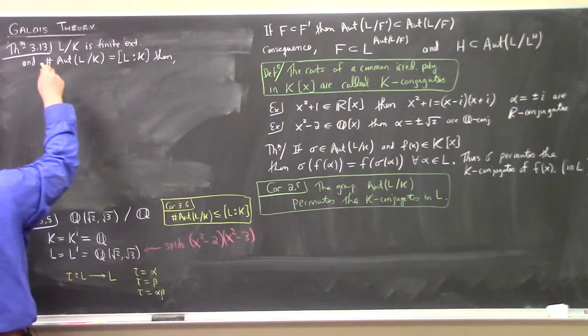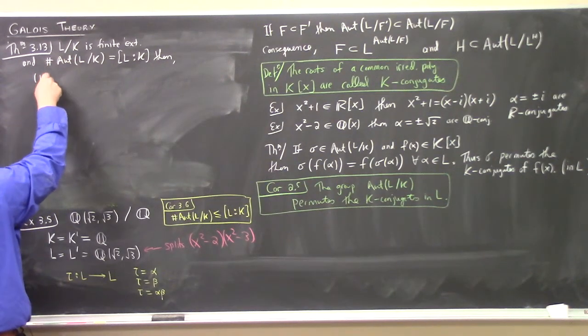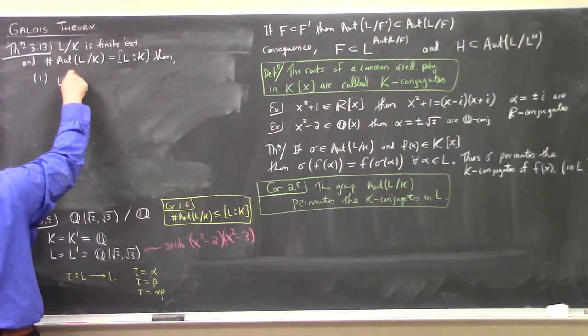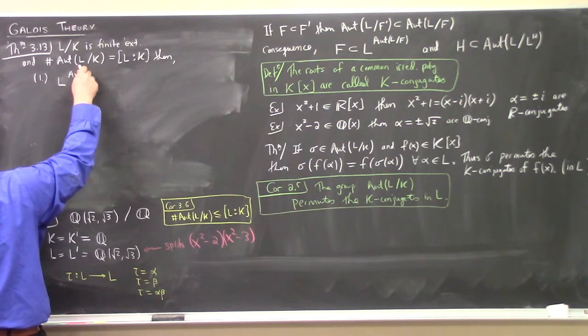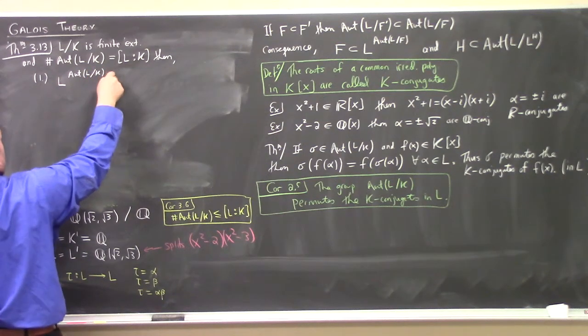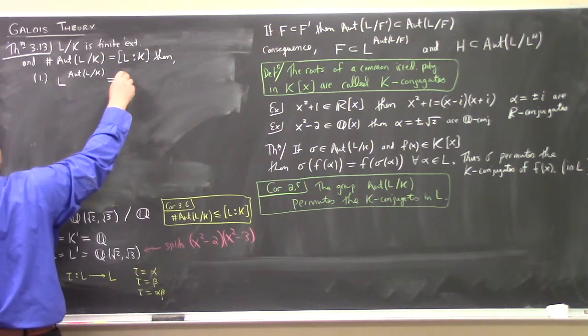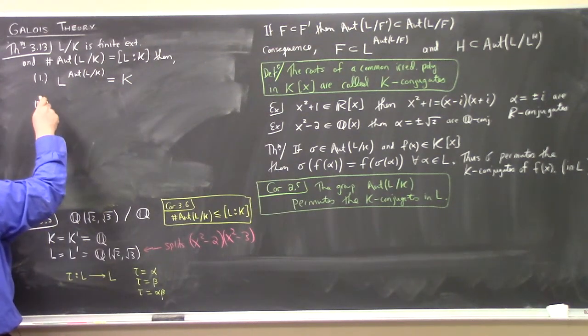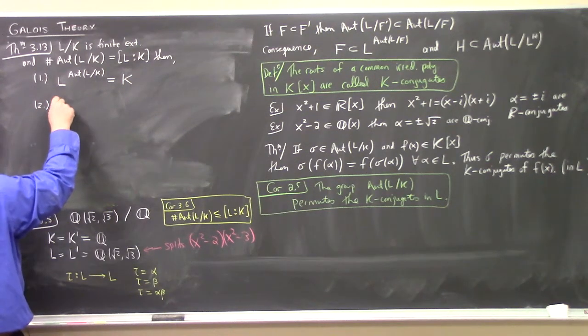then number 1, the fixed field of the K-fixing automorphisms of L is just K. 2, L over K is separable.